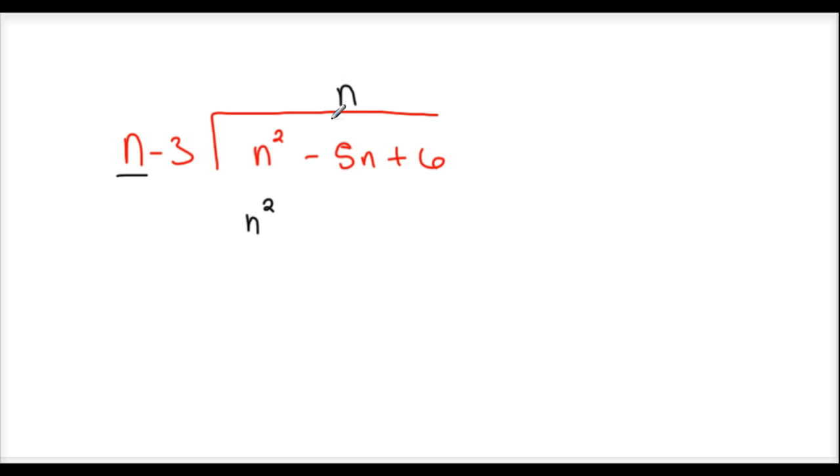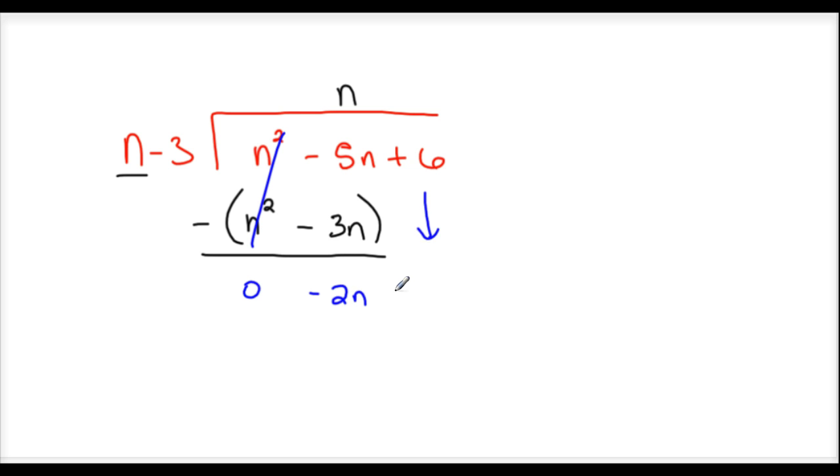Negative 3 times n, negative 3n, parentheses, subtraction sign, because you're subtracting that quantity. N squared minus n squared goes to 0. Negative 5n minus negative 3n, same thing as negative 5n plus 3n, which is negative 2n. And bring down my positive 6.